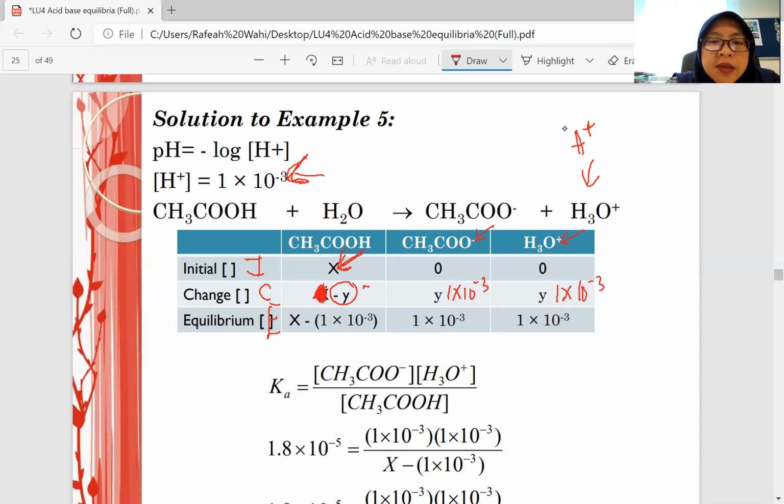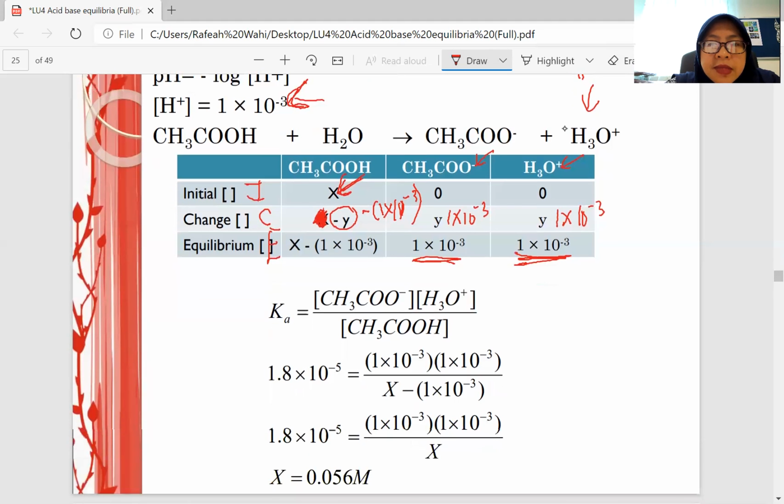So we can put here negative 1 times 10 to the power of negative 3 for the initial acid. So at equilibrium, the concentration of the initial acid should be X minus 1 times 10 to the power of negative 3. And of course, for H plus ion, it is positive 1 times 10 to the power negative 3, as well as the conjugate base, the acetate, it's also the same concentration.